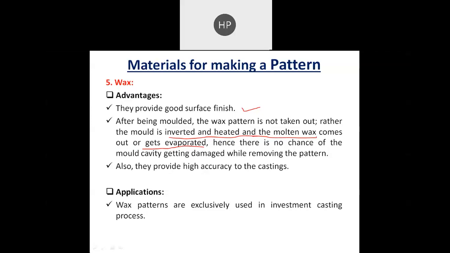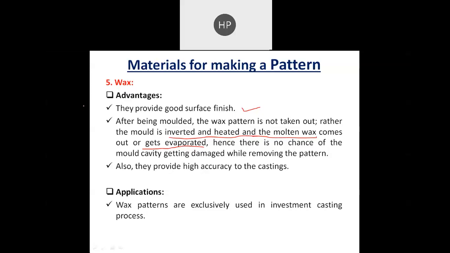Okay, so we know that wax is a very soft material. So when we make the pattern from wax, taking the wax pattern out of the mold is very difficult.